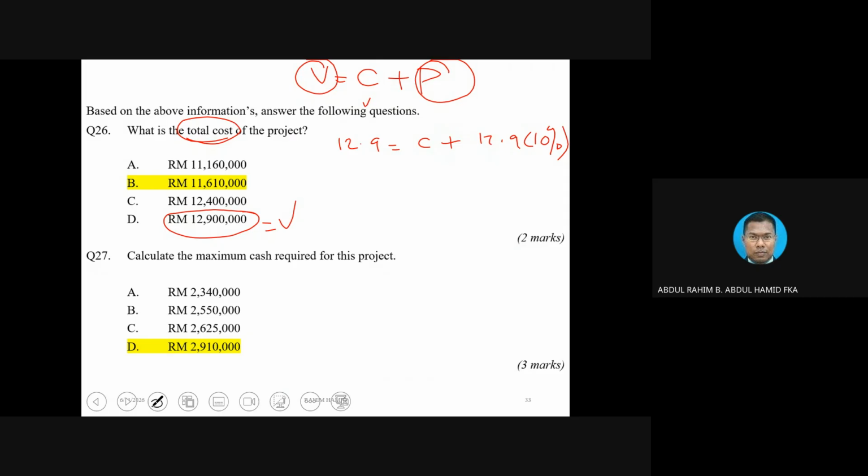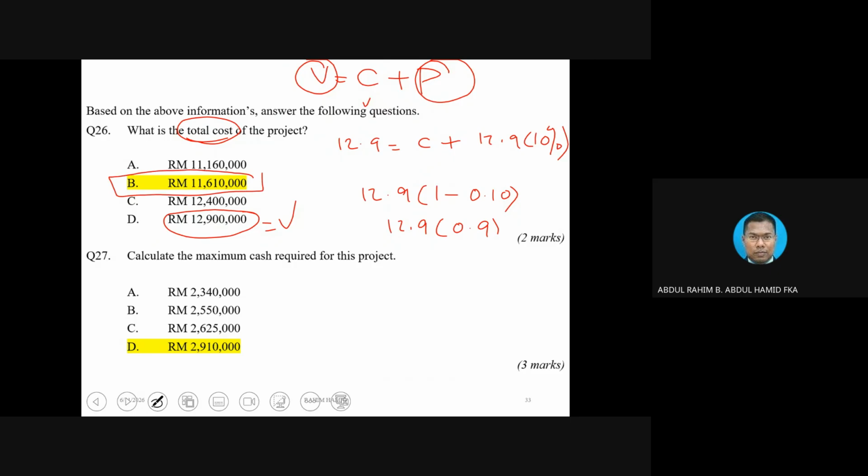You can use this formula, but instead of using this, I would normally do 12.9, and then since the profit is 10% out of value, we can discount those things 10%, 0.1, okay? So 12.9 times 0.9. You are going to get this amount, okay?